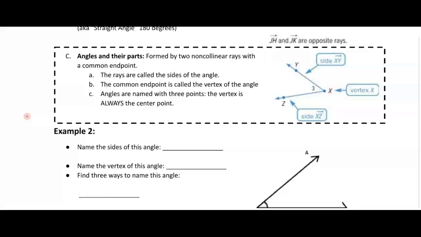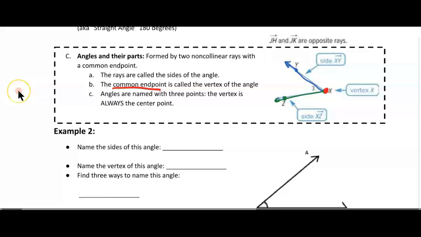We have ray or side XY, and side or ray XZ. And the common endpoint is known as the vertex of the angle. In this case, we just say vertex X because that is a point. That's how we name a point.